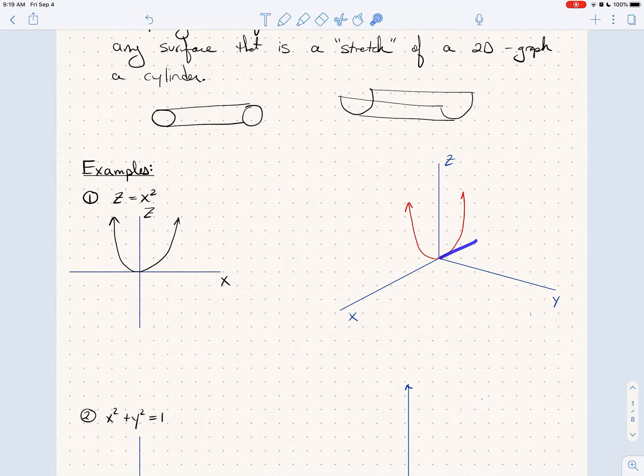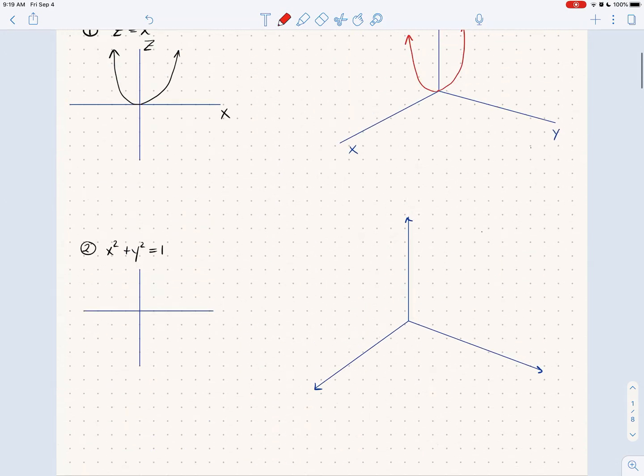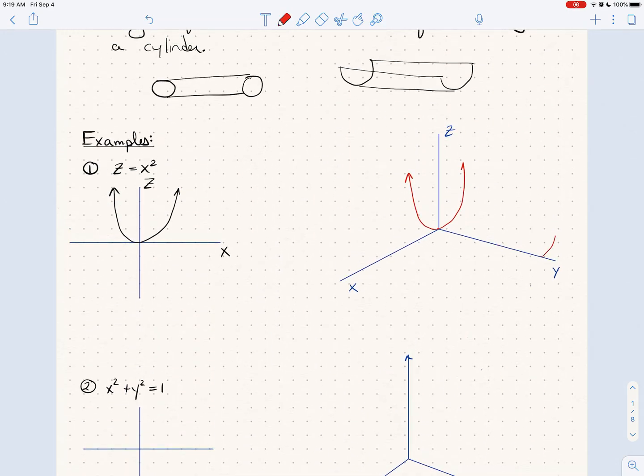This is the negative x-axis over here, which is over there. So you sort of got to rotate this thing over and then slide it over. But you put it there, and then it doesn't matter what y value you pick. You can pick y equals 0 and you're in the zx plane, or you could pick y equals 5 and z is still x squared. And so you just take another copy of this parabola in a parallel plane, and that's what you get.